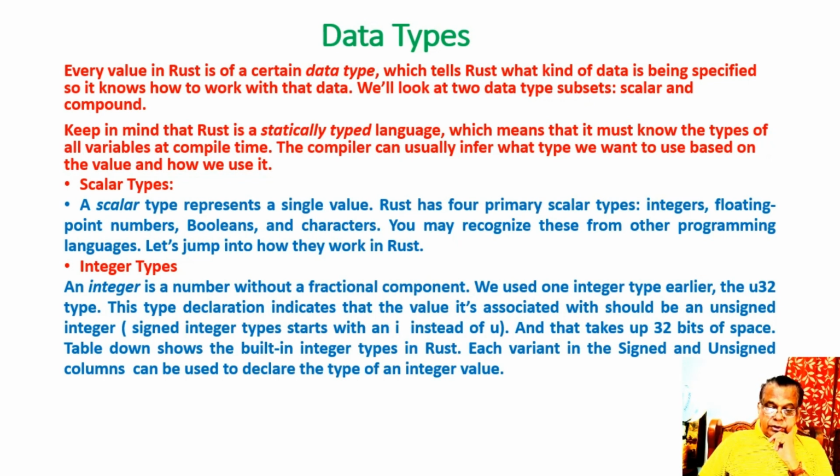The table shows the built-in integer types in Rust. Each variant in the signed and unsigned columns can be used to declare the type of an integer value.